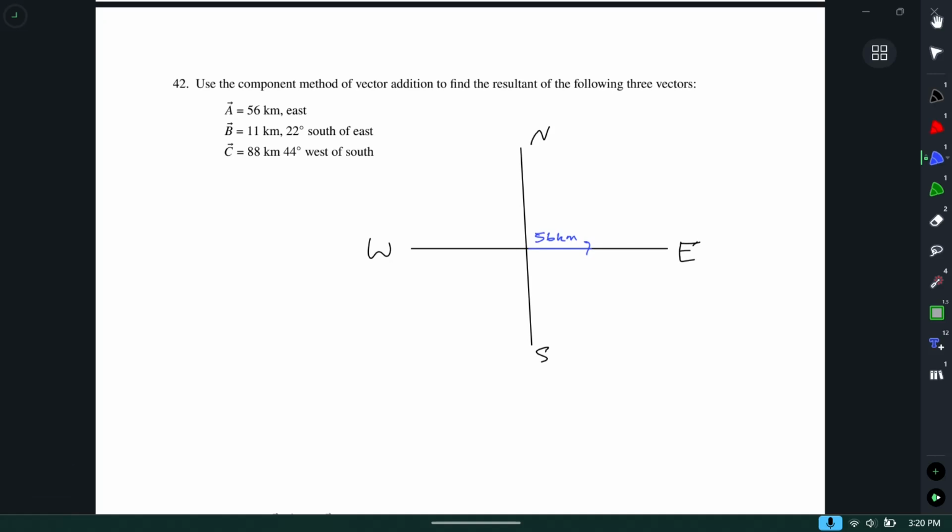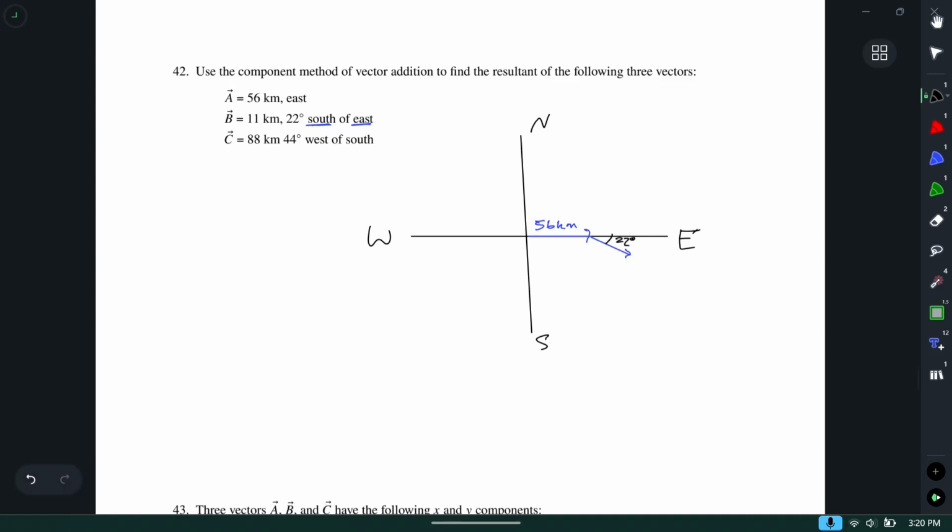So I look in the second direction, turn towards the first. I look to the east, turn south of it. So they're saying I walk something like that, where this is 22 degrees because I'm turning that much south of east. And so this is 11 kilometers. And finally, 88 kilometers at 44 degrees west of south.